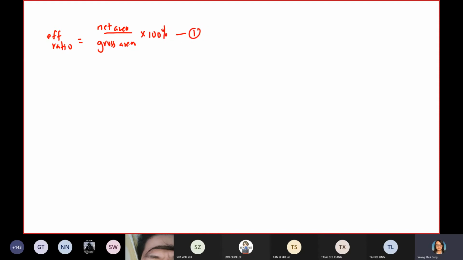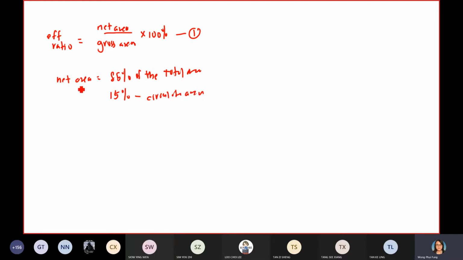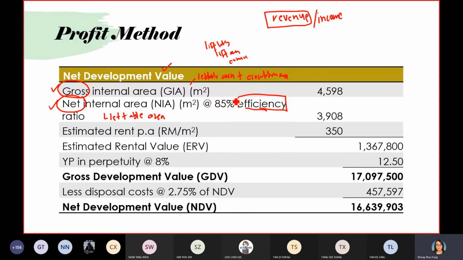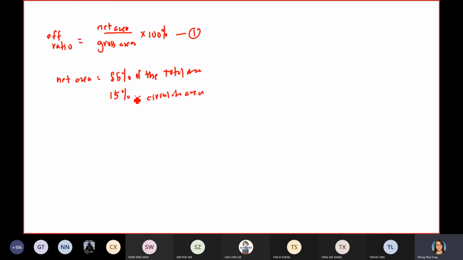If you refer back to the question, it is 85%, meaning your net area is 85% of the total area, which means the remaining 15% you allocate for circulation area. I repeat again: 85% efficiency ratio means that 85% of the total area refers to net area, and the remaining 15% refers to circulation area or ancillary area.